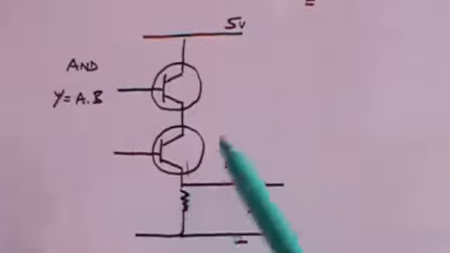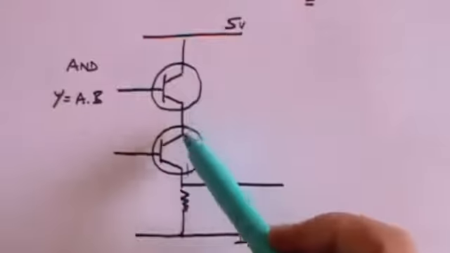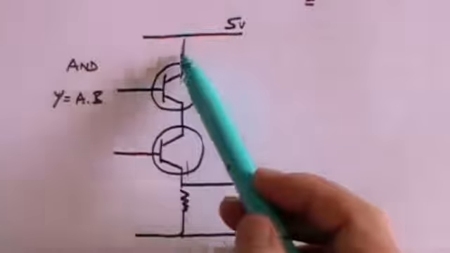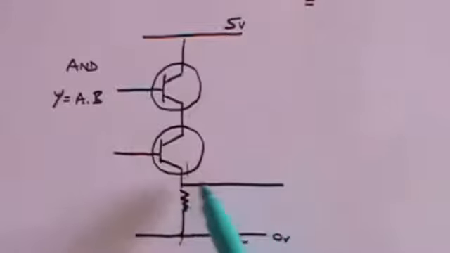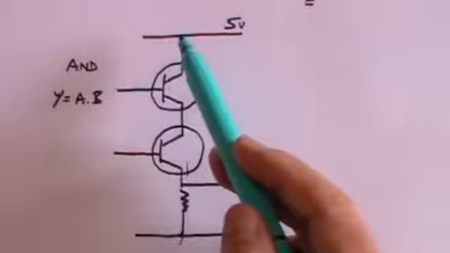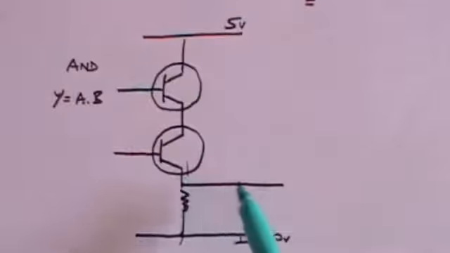But what happens if both have positive voltages? Then the switches will close, a current can now flow, the potential difference will fall across the resistance, but this output will now have a positive voltage because it's connected to the 5 volts up here through the switches which are now closed.